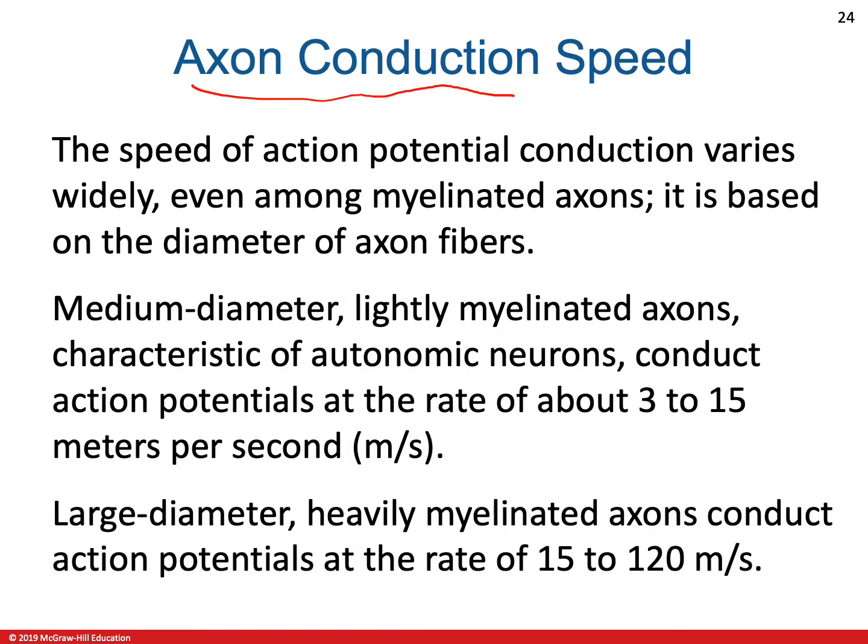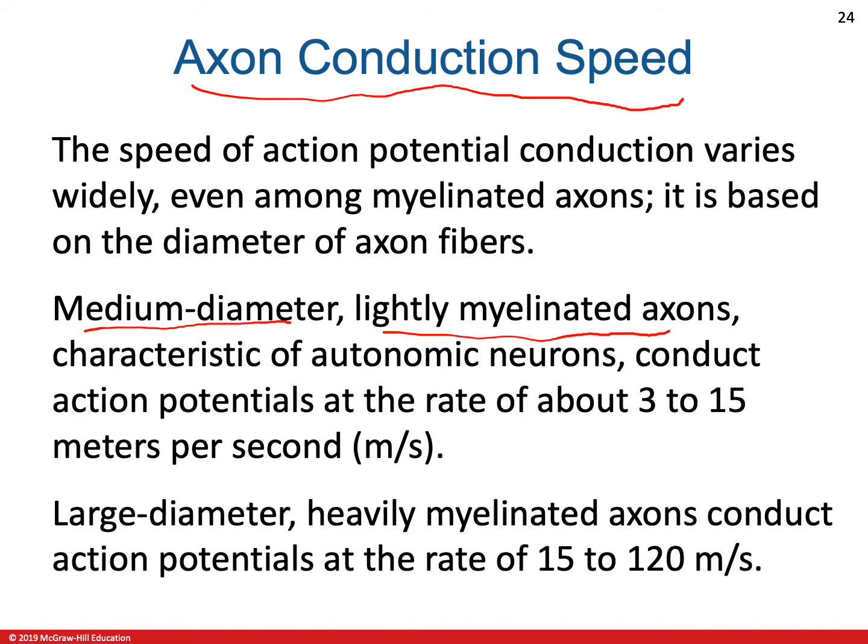So next, axon conduction speed. The speed of action potential conduction varies widely even among myelinated axons, based on the diameter of the axon fibers. Medium diameter, lightly myelinated axons, characteristic of autonomic neurons, conduct action potentials at a rate of about 3 to 15 meters per second.